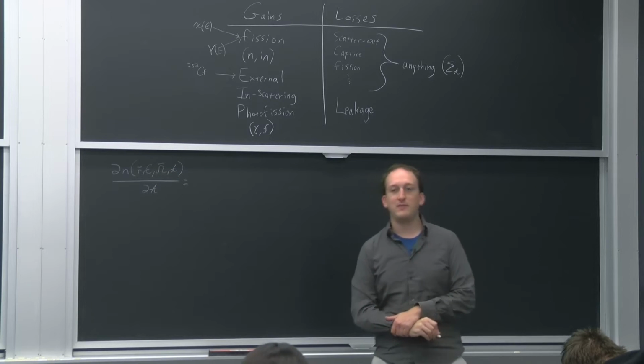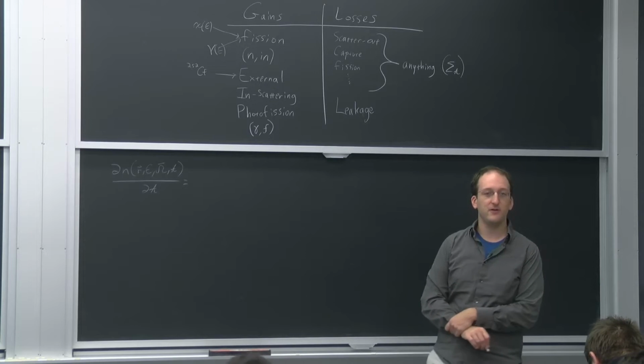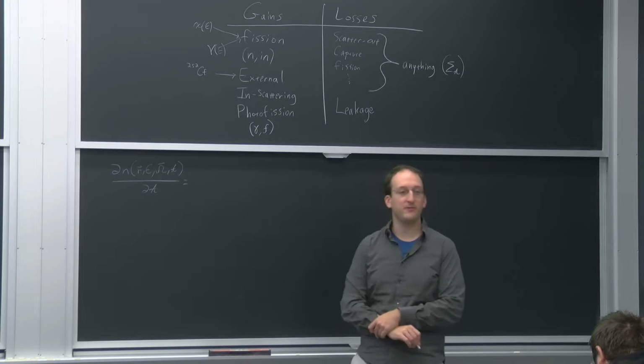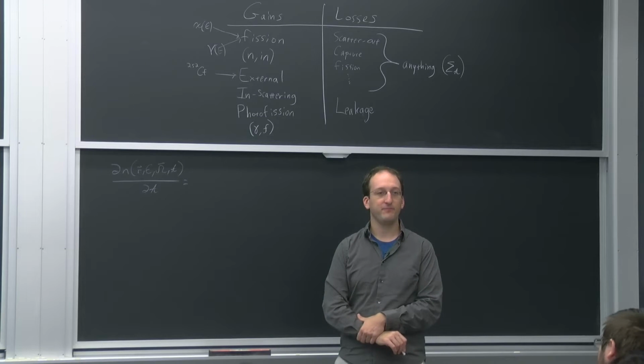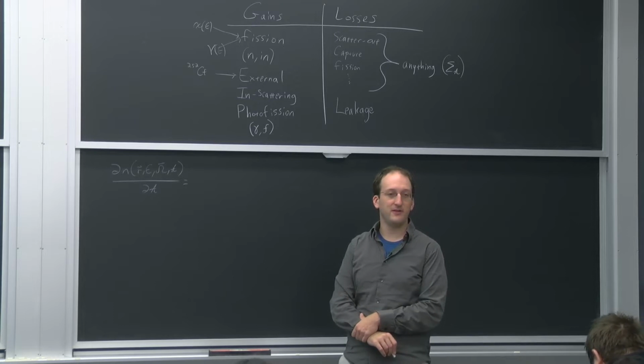So how do we describe the number of neutrons produced from fission? What sort of terms do we have to include? And Jared started kicking us off, so what would you say? Neutron birth. Yep.